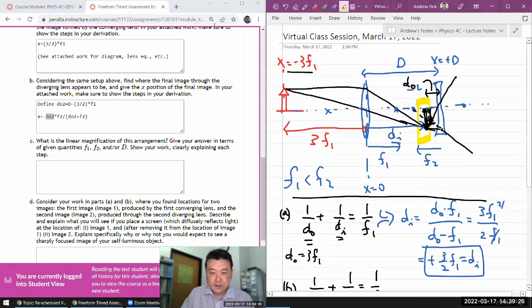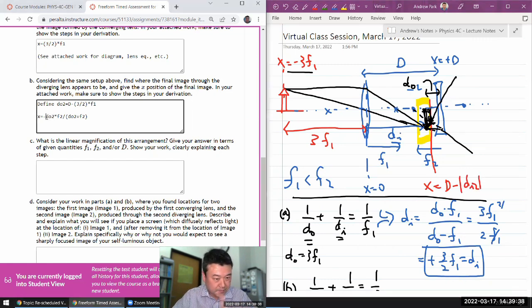It should be the distance minus the absolute value of the image distance. So the X position should be D plus the image distance with the negative sign included. So that would be correct.